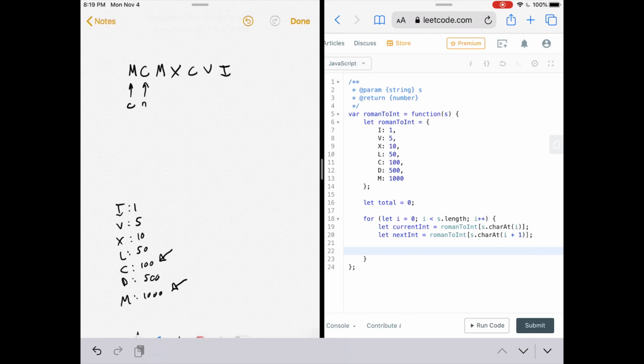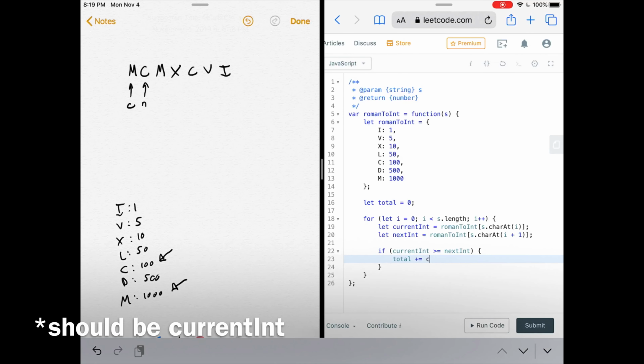All right, now we have to see if our current integer is greater than or equal to our next integer. If it is, we can just add the current integer to our total. So we'll say if currentInt is greater than or equal to our nextInt, which in this case it is, we'll just add the currentInt to our total.